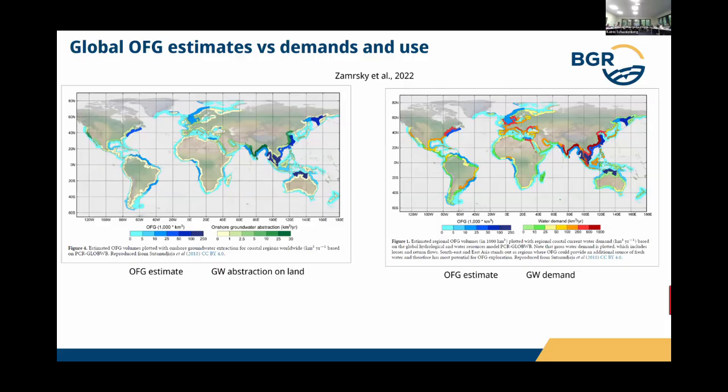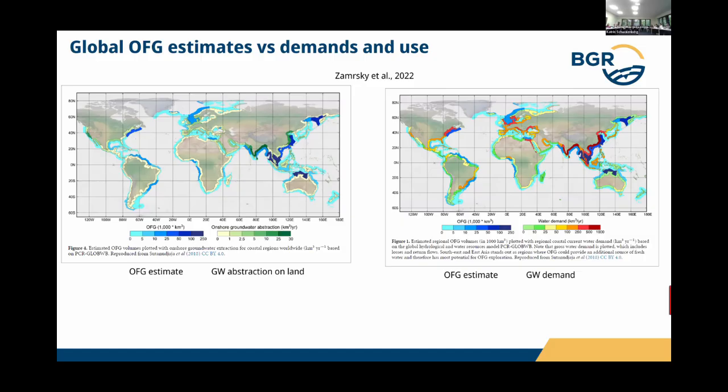So what he's comparing here is if there's enough groundwater where it's actually used, where there's a lot of demand, to see where the high risk areas for water usage are. The right figure shows the same for the offshore fresh and groundwater potential. And the inner colors, green, yellow, red, show the demand.